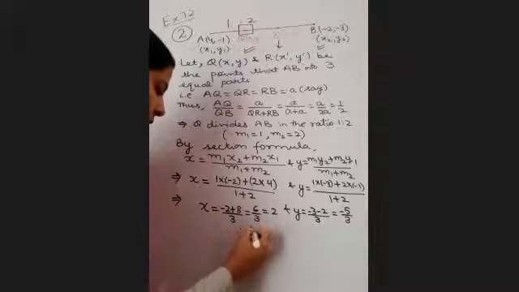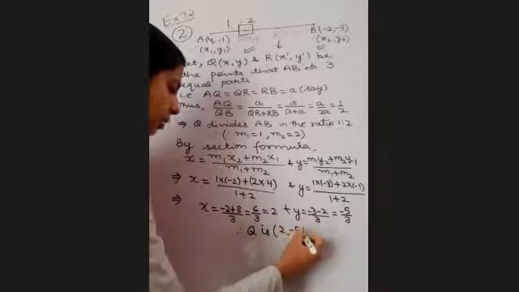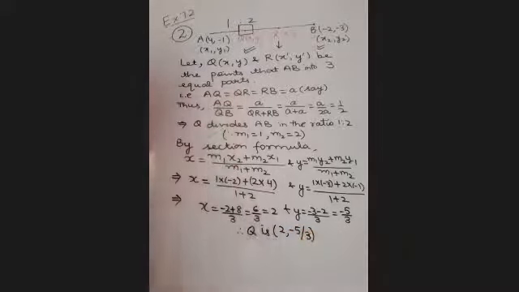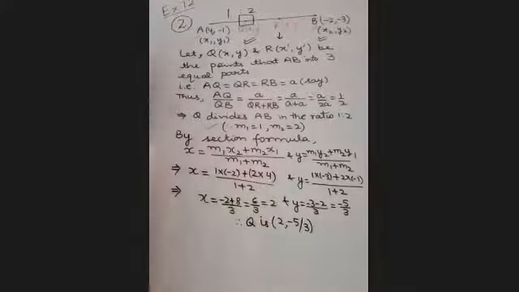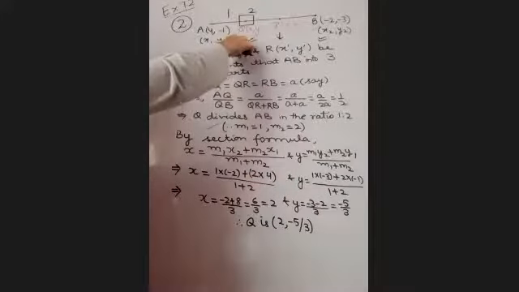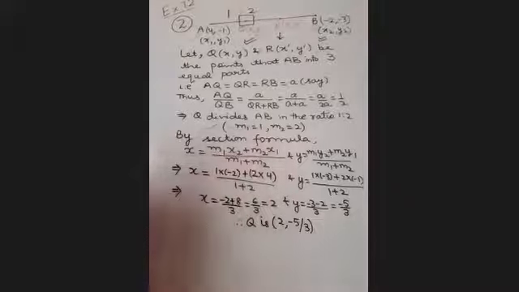So therefore, Q is (2, -5/3). Children, are you with me? Yes, ma'am. So now after we know Q, R is the midpoint of QB.